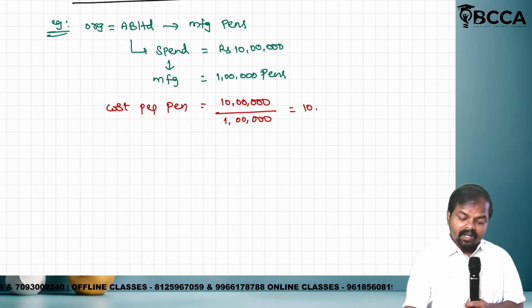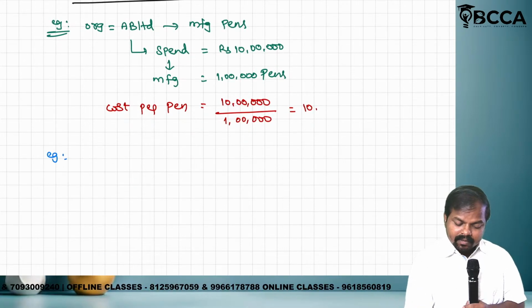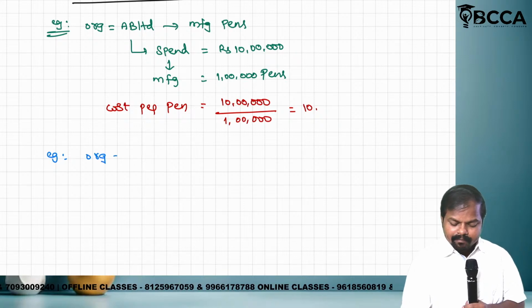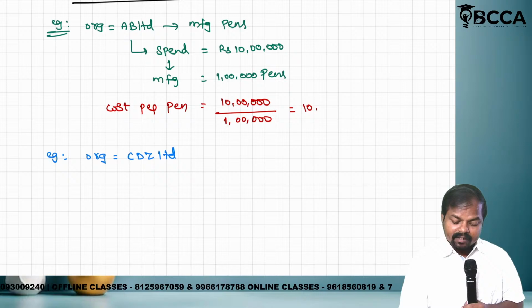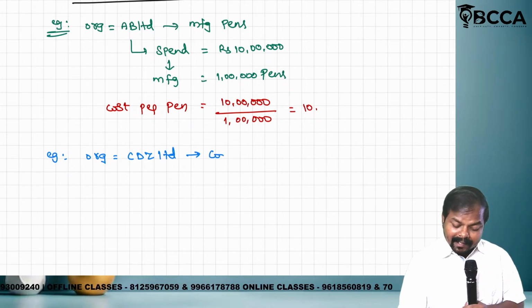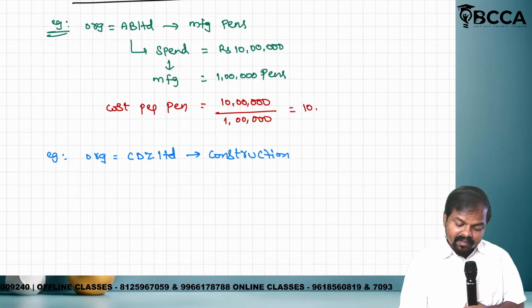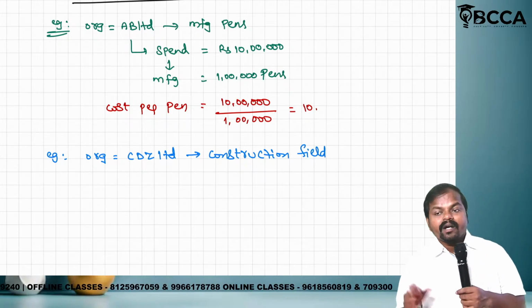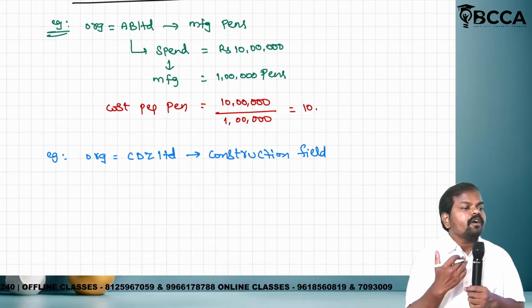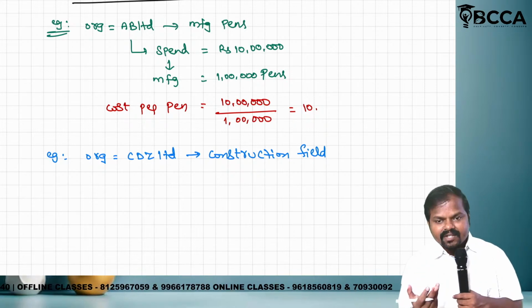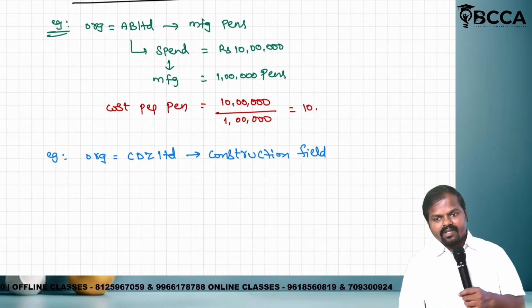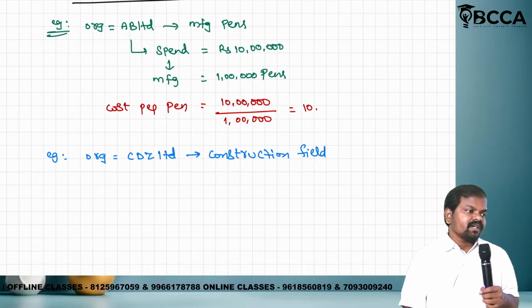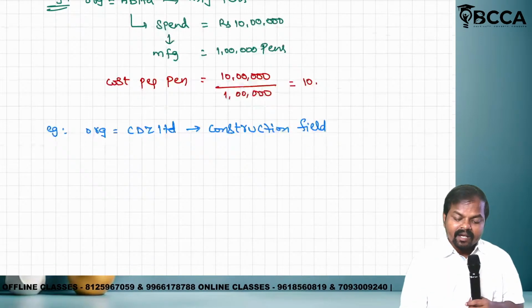Listen. One more example we will consider. Organization name CDZ Limited. They are in the construction field. Construction field means construction of houses, roads, dams, bridges. They are contractors. The nature of the business is construction.